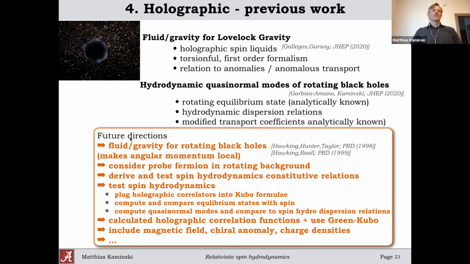So that brings me to future directions and to the end of this talk, really. You can perform fluid gravity for such rotating states. That would be an idea. My understanding was that I didn't even understand what happens when some plasma rotates and what the fluid dynamics in a rotating plasma is.